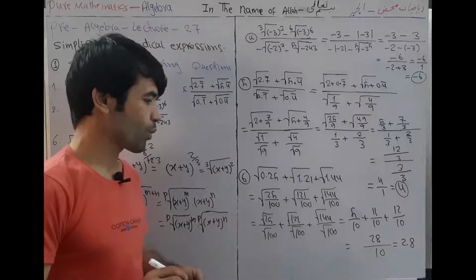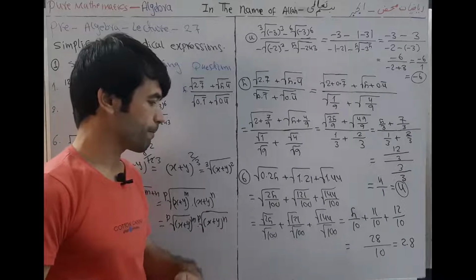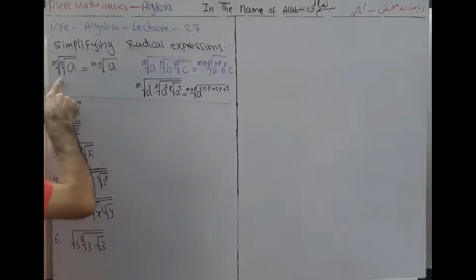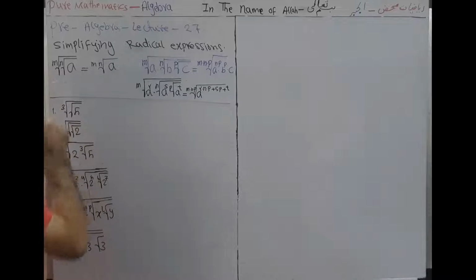Now we want to write another rule and we will solve. We have two radicals. The first index is m, the second index is n.